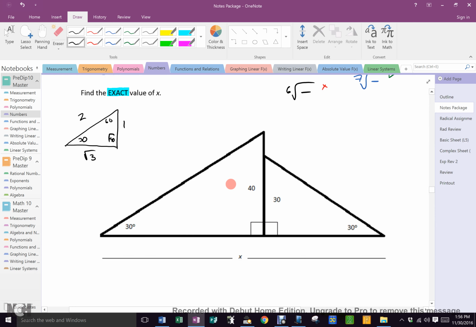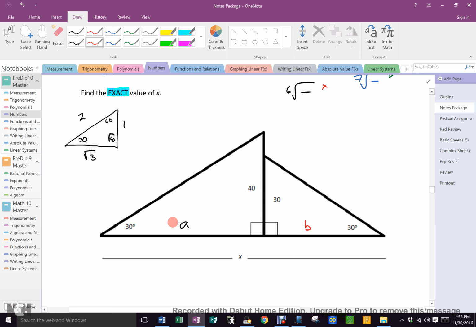Okay, so what do we know in here? What do I know about x? It's this distance, right? Yeah. And this distance, right? Yeah. Do I know this distance? No, but I know how to find it, don't I? Right? So I'm going to call this distance A. Everyone okay? Then what does that make this distance? B. Everybody cool? B.